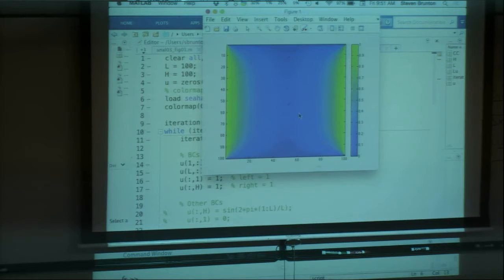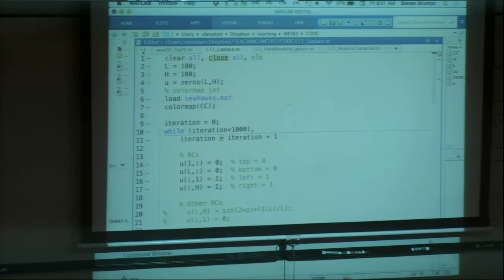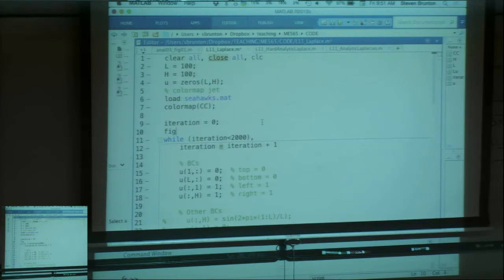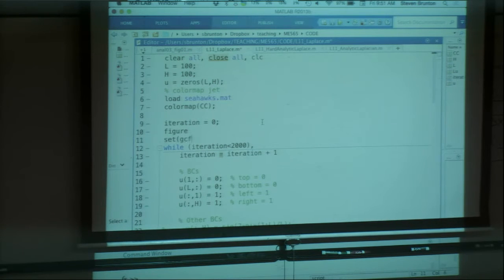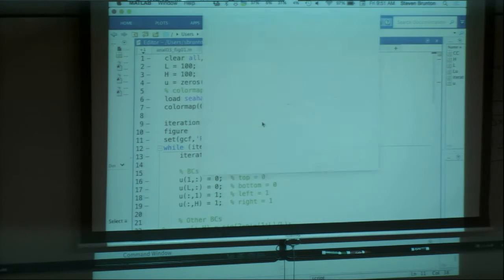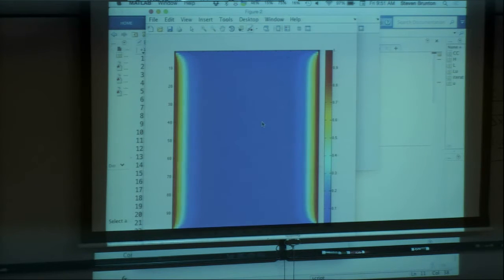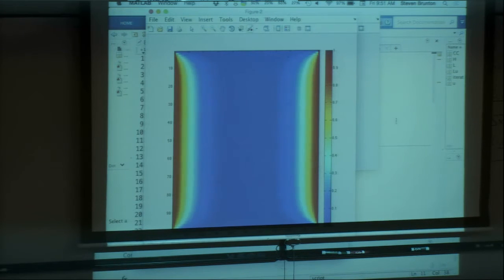It looks so much better on my computer screen that it's kind of irritating. Let me see if I can make this larger. Okay, I can make a figure, and I can set my position 100, 600 by 600. Let's see if this works. But I lost my Seahawks color.